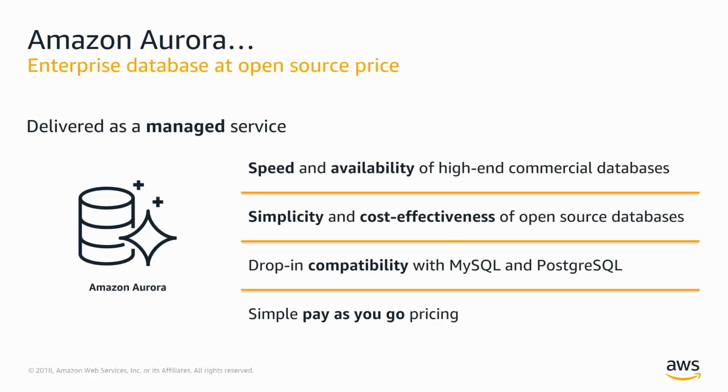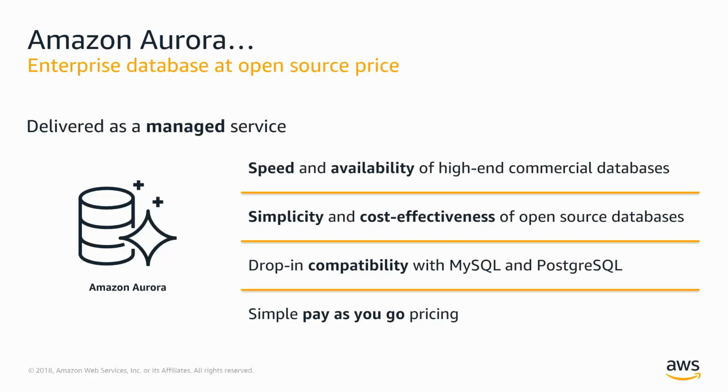And the last thing on this list is simple pay-as-you-go pricing. So again, along with buying licenses, if you have an idea for a new application and you want to roll it out, in the old world, you would have to buy hardware. And then you would, of course, have to rack it, stack it, have it delivered. That is not only a lot of expense up front, but it also can take a considerable amount of time.